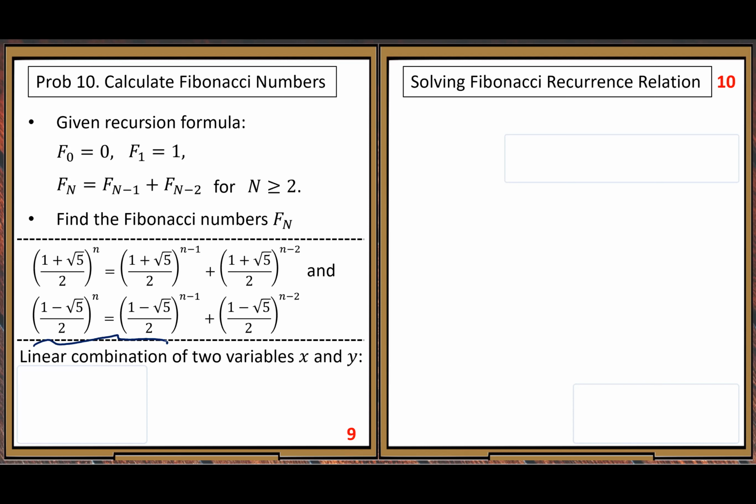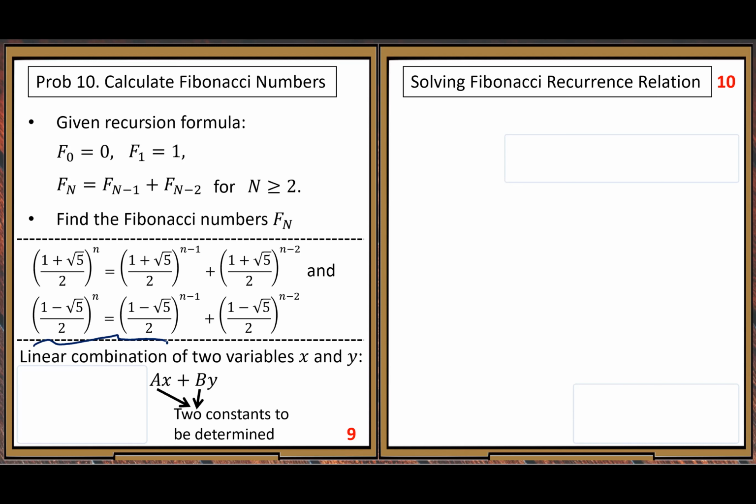When we need to make a new expression from two variables, x and y, the linear combination means the expression capital A x plus capital B y, where capital A and capital B are both constants. This expression is called the linear combination of x and y. Here we use this way to combine two existing solutions.